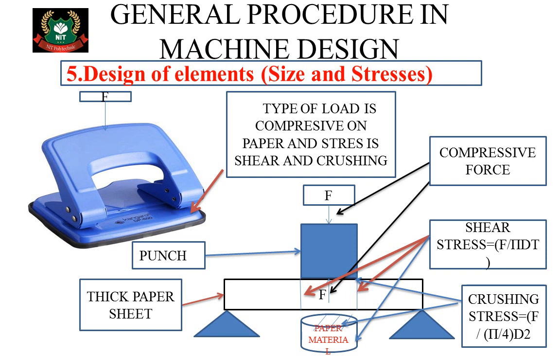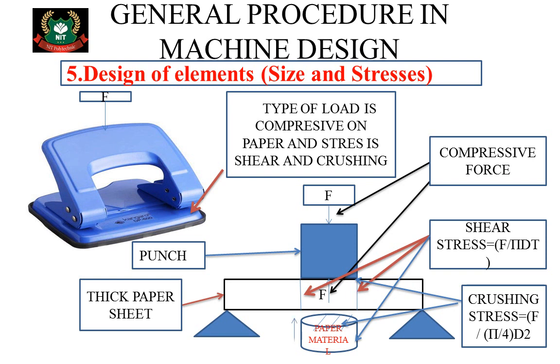Why pi d t? Because the thick paper sheet shears around the circumference, that's why pi d, and t because the material of the thick paper sheet will shear up to the thickness t.